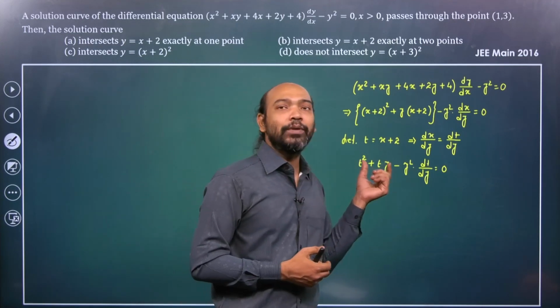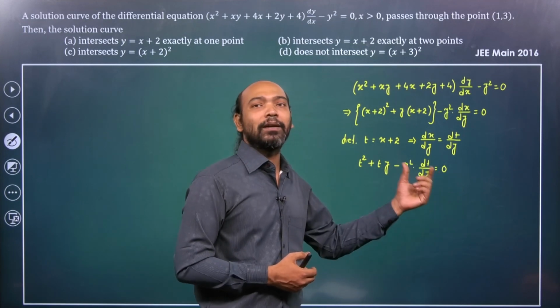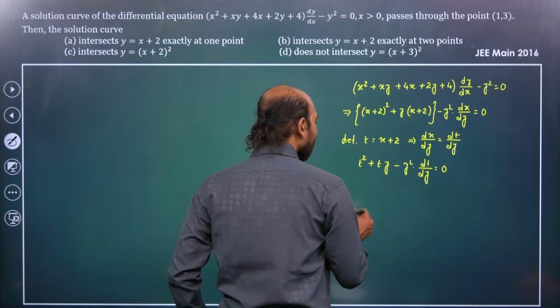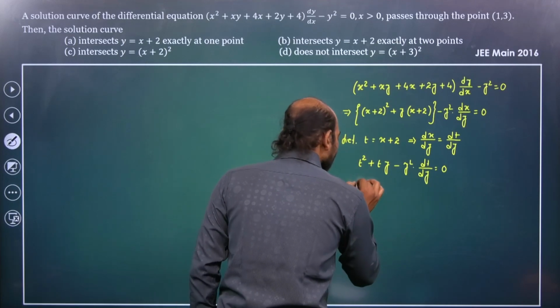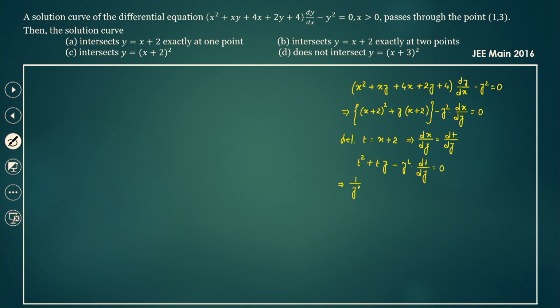So we divide both sides of the equation by y squared and t squared. We get 1 by y squared plus 1 by yt, then 1 by t squared dt/dy equals 0. Rewriting the equation again, minus 1 by t squared dt/dy plus 1 by yt plus 1 by y squared equals 0.